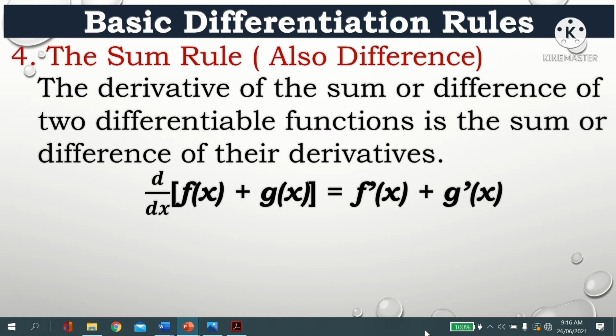The derivative of the sum of these two functions is equal to the sum of individual derivatives. So f prime of x is the derivative of the first function, and g prime of x is the derivative of the second function.